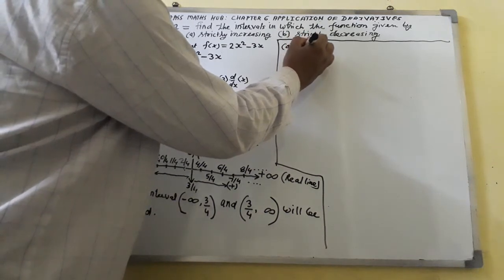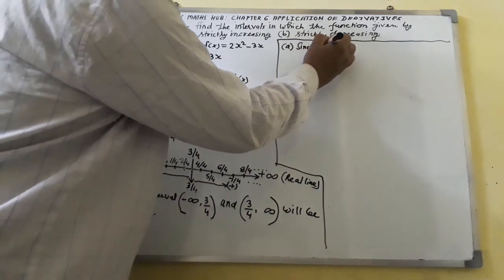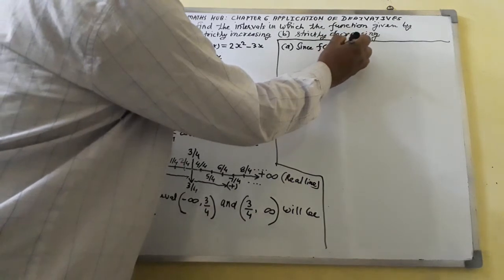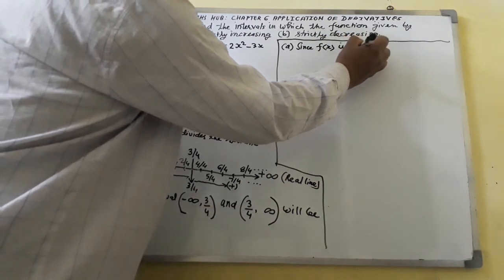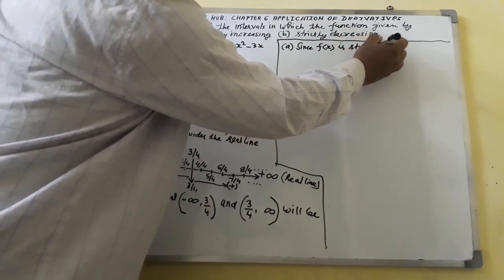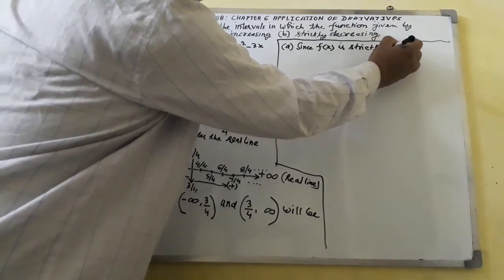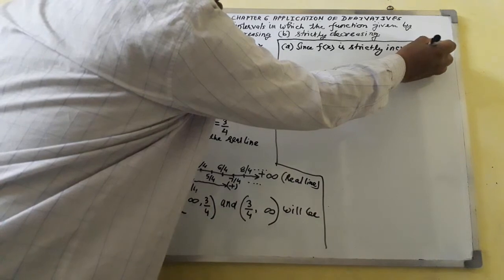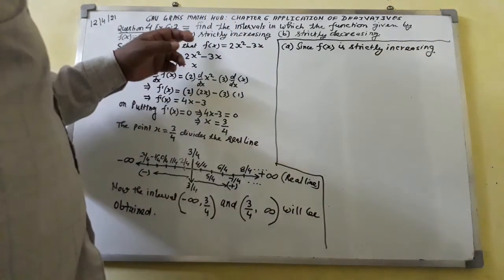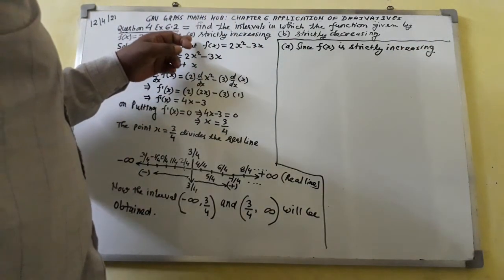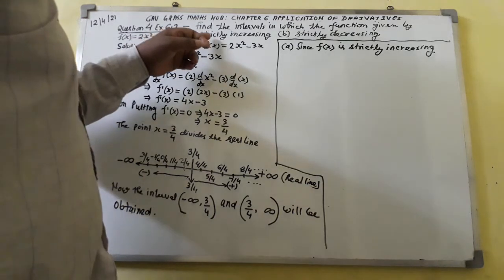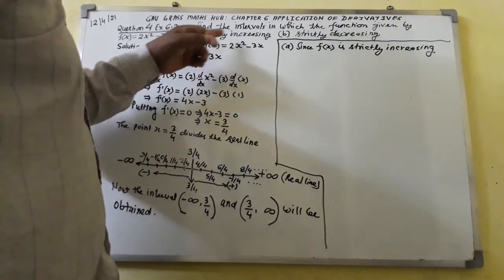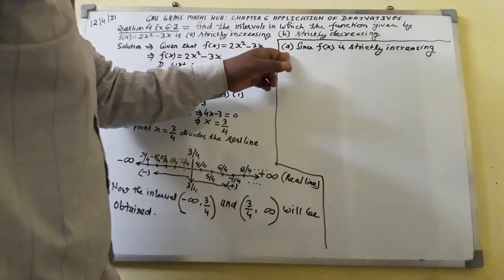Since f of x is strictly increasing, you can see here in the question itself it is given, A: f of x is strictly increasing. Same thing I have written here.